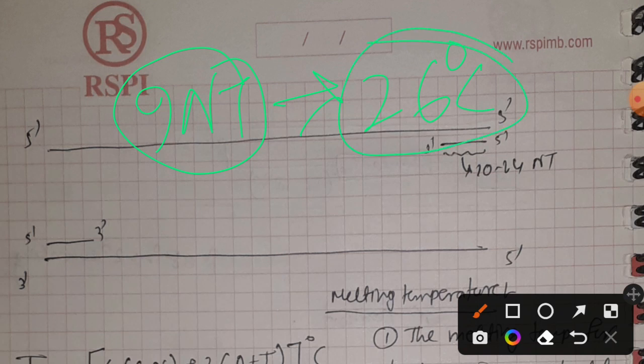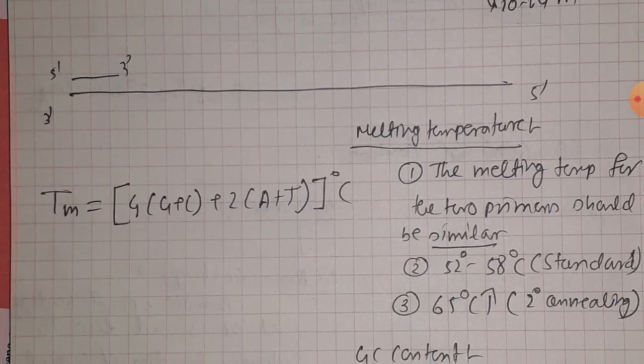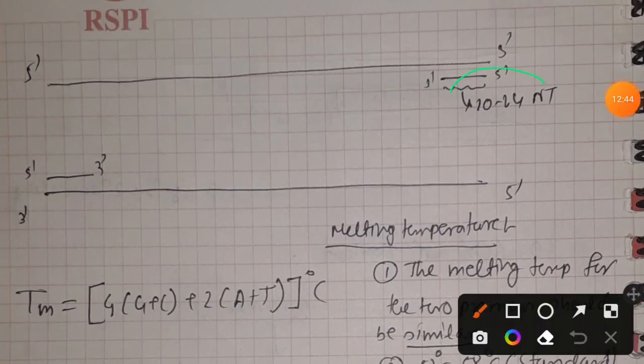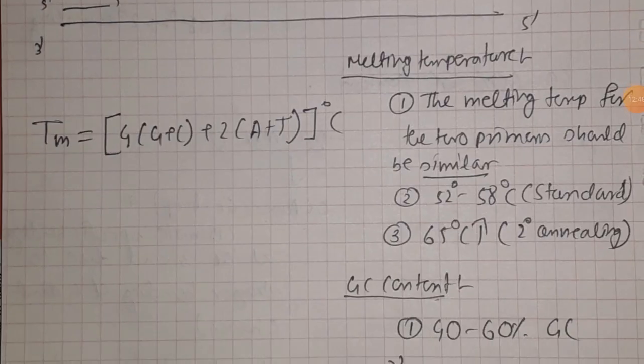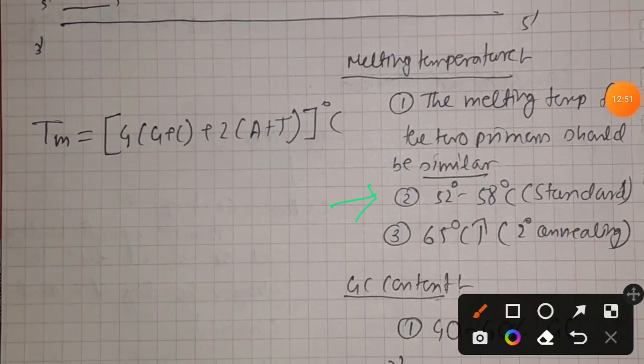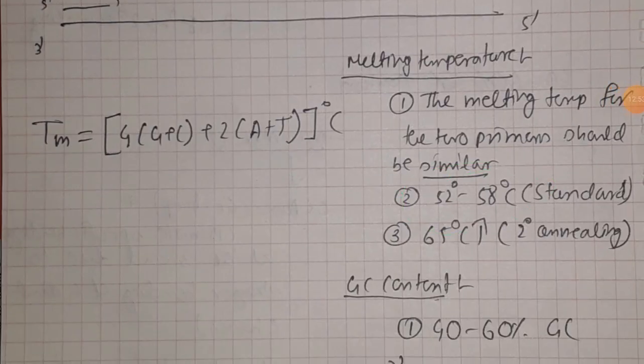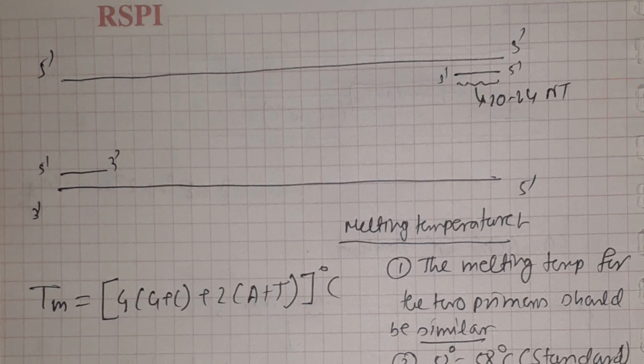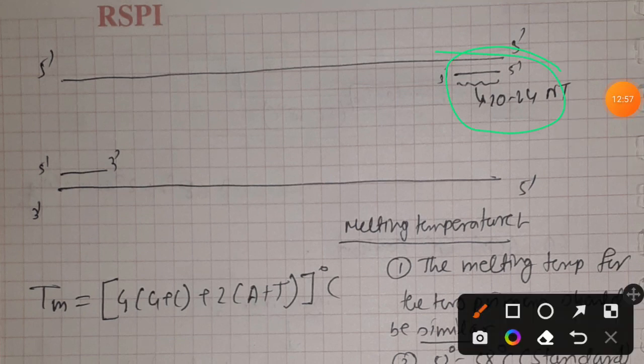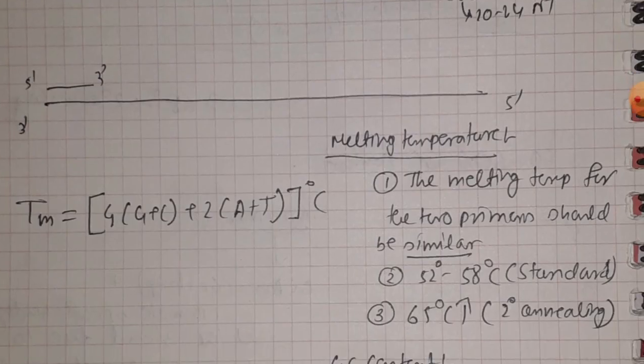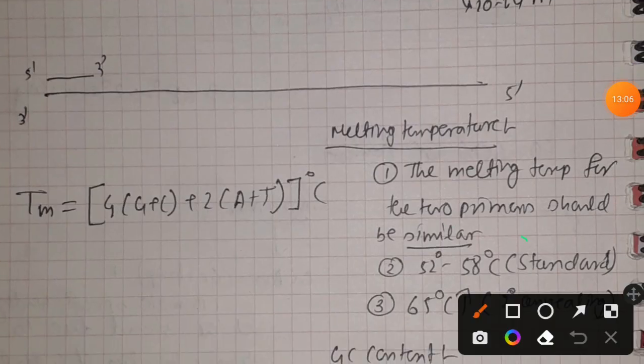That is why we should take near about 20 to 24 nucleotides, so that we can match this Tm value. If you take a 20 to 24 nucleotide primer, and among them only 10 nucleotides are G or C, then you can match this melting temperature.